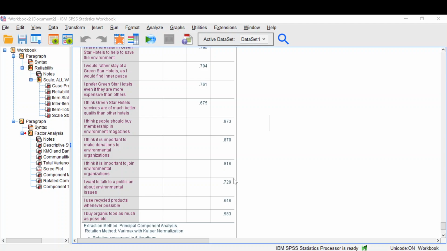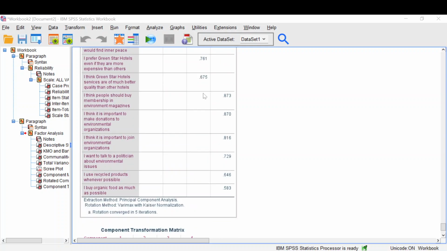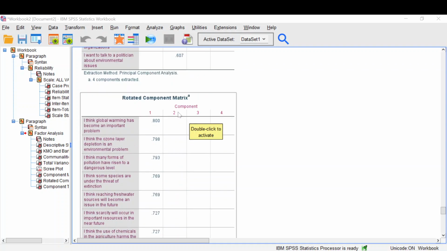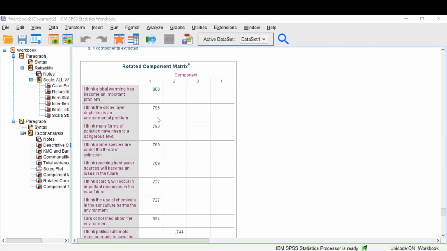So the trick at this point is to take this analysis and you would come up with names for your factors. And there's no right way to do this. Factors change all the time. The names of whatever it is that you want to make them really depends on how they fit in with the existing research. But let's say we would call this maybe environmental sensitivity because it aligns with what the researchers were looking for.